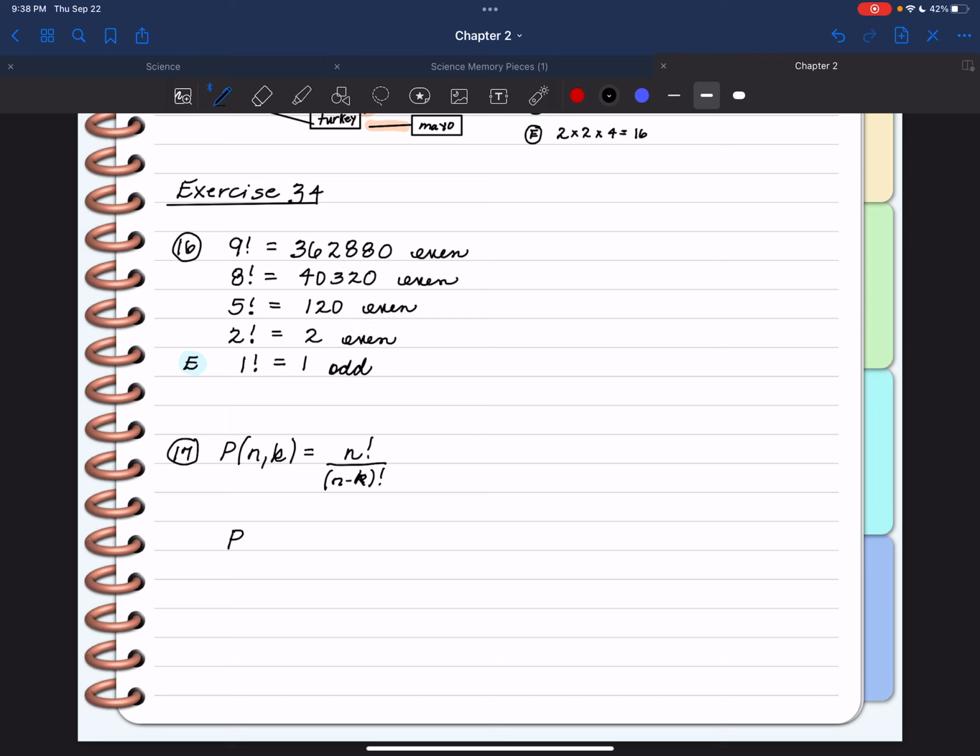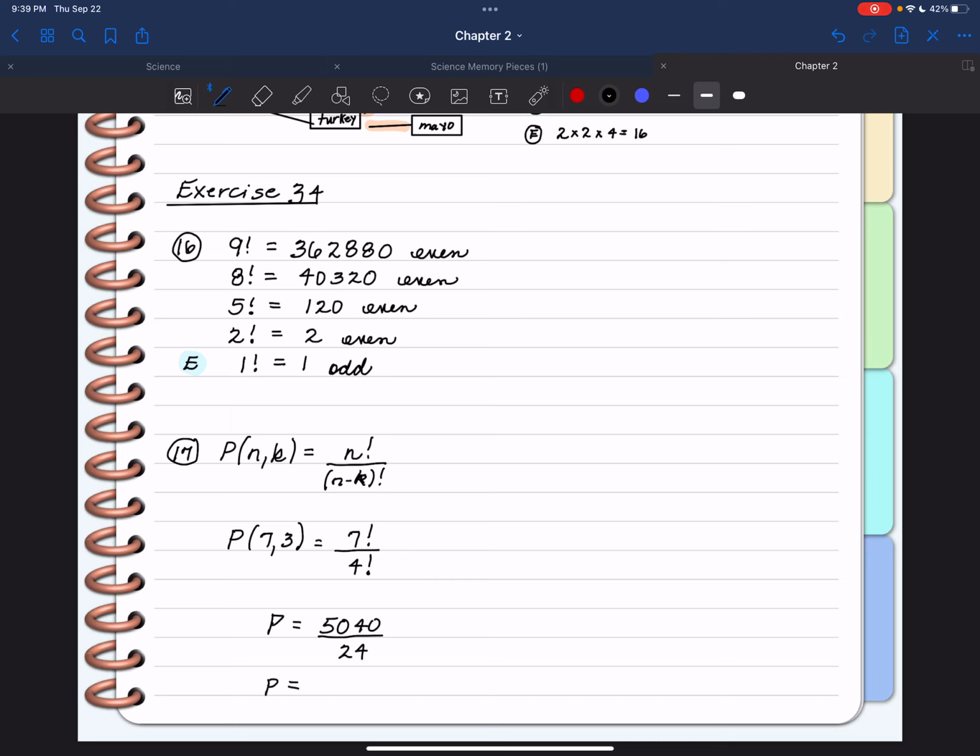So n is the number of players, that's 7, and we want to choose 3 positions from that. So we would have 7 factorial over n minus k, that's 4 factorial. And if you work this out with the calculator, you're going to have 7 factorial, which is 5040, over 4 factorial, which is 24.